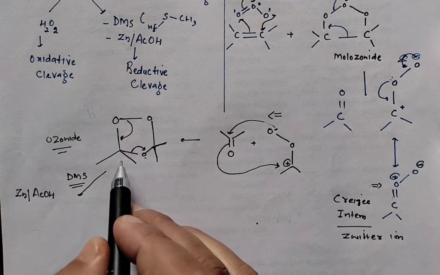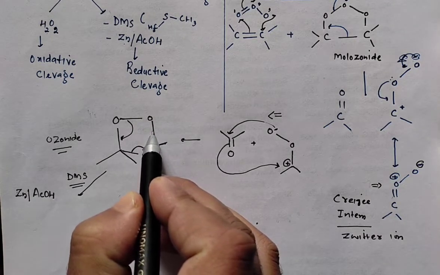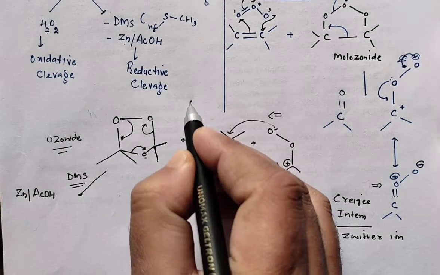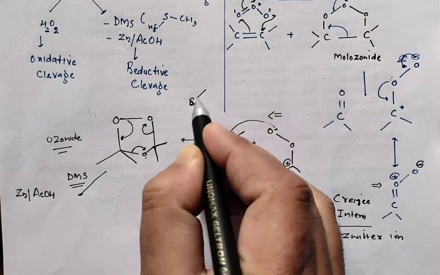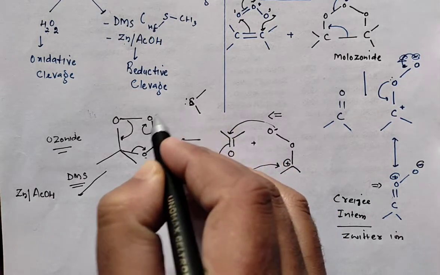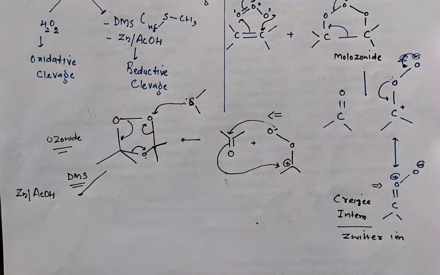So what you have done is, yes, you can take it here, and meanwhile the dimethyl sulfide has a lone pair, so it can take this, form a plus, so it can go here.